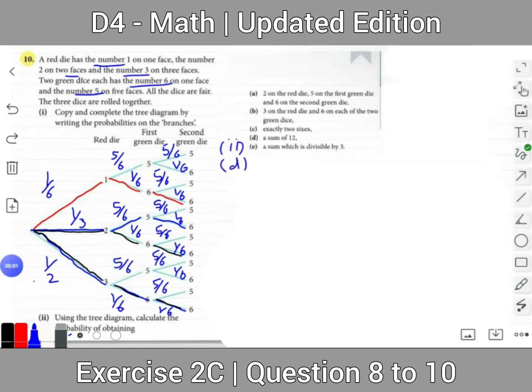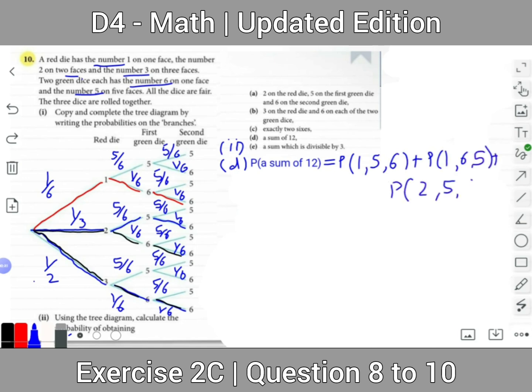In part D, we have to find the probability that the sum is 12. So here we have three possibilities: probability of 1, 5, 6 plus probability of 1, 6, 5 plus probability of 2, 5, 5.